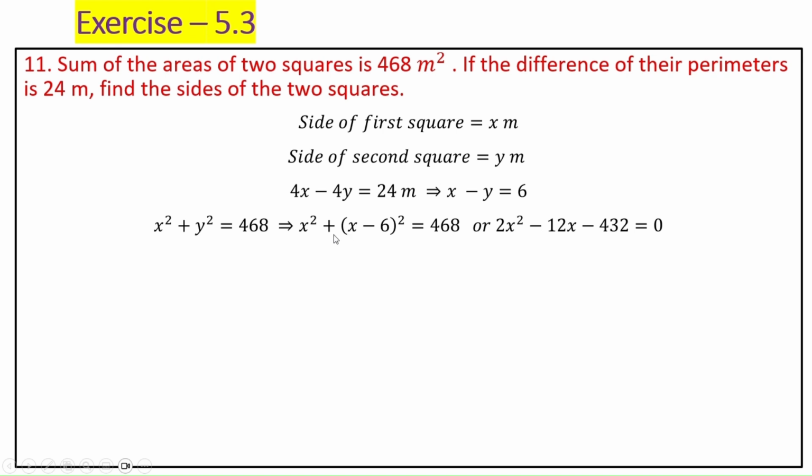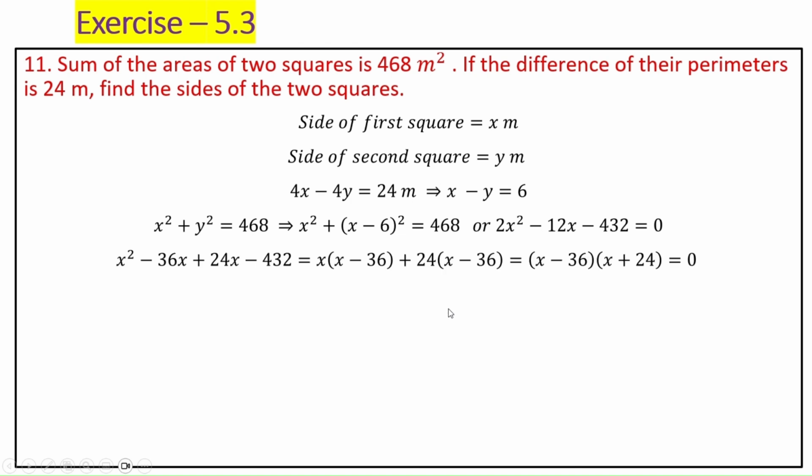So in x² + y², I am replacing y with x - 6, so x² + (x-6)² = 468, and the final quadratic equation you will get is 2x² - 12x - 432 = 0. I'll just use the factorization method because 432 times 2 is simple to make factors.